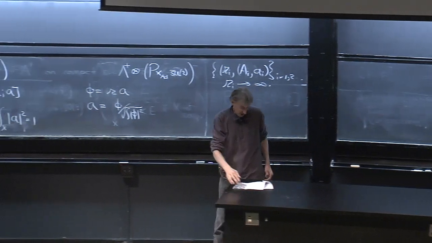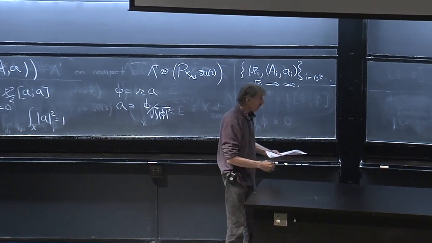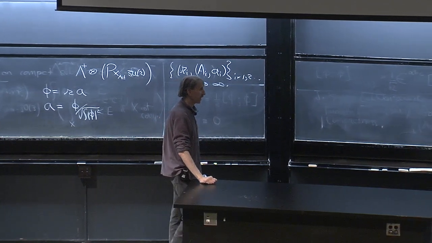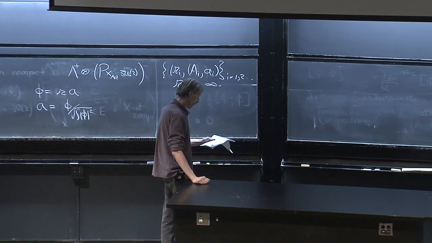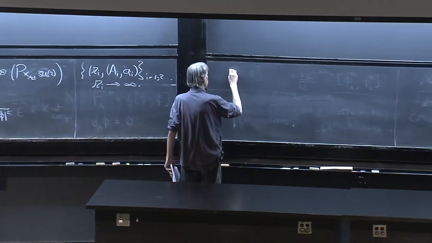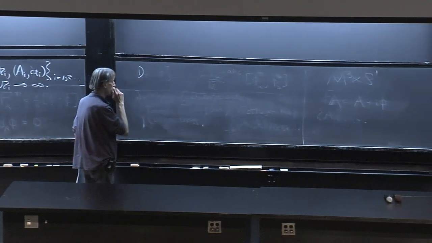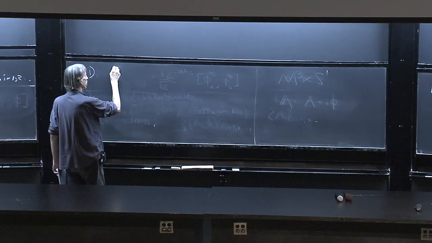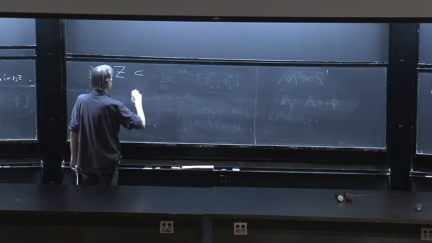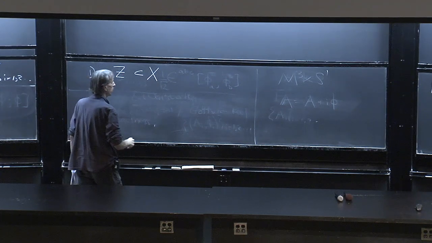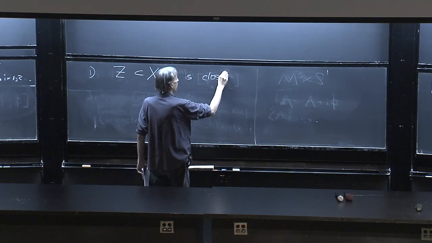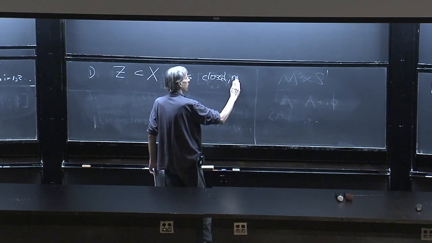So first of all, there's some geometric data. Geometric data for the Uhlenbeck compactification was a finite set of points. And in this context, the geometric data is the following. So we have a first piece of geometric data, which is going to be a subset I'll call Z. It's a subset Z in X, which is closed and nowhere dense.